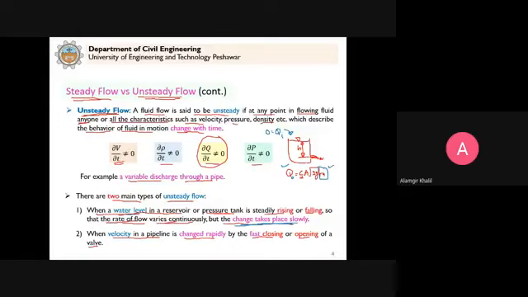Clear? So these are the two main types of unsteady flow problems. In the first case, the example of water level rising or falling in a tank, the change takes place slowly. And when we have fast closing or opening of a valve, the changes take place rapidly.